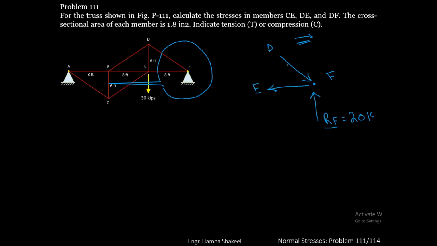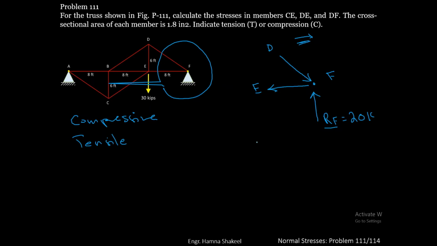Don't worry too much about the direction of these forces. This is only a guess. If your guess is right, you will get a positive answer, and if your guess is wrong, you will get a negative answer. Also note that the force that is acting towards the joint is compressive, and the force acting away from the joint is tensile.